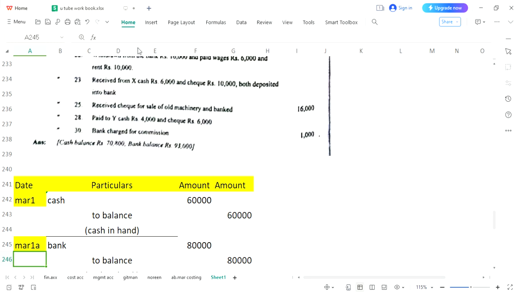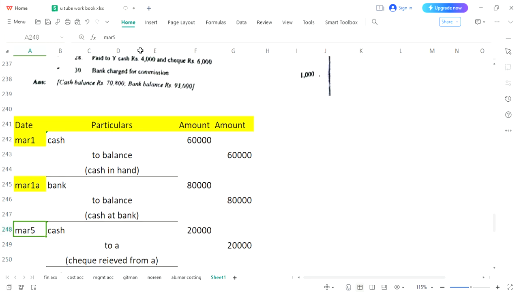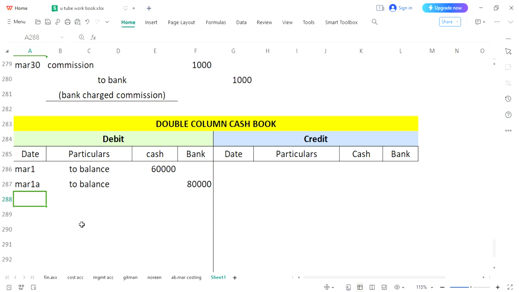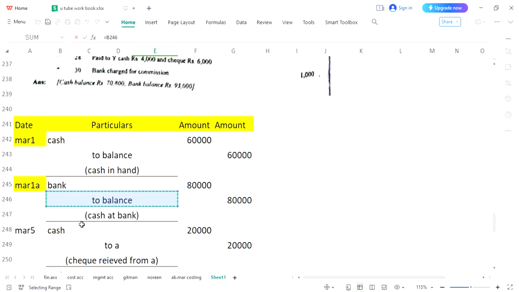Now we will see the next, the March 5th entry. As you can see, only cash is present on the debit side. We will choose the debit side, March 5, where cash is present on the debit side. As you can see, 20,000 is present on the debit side.